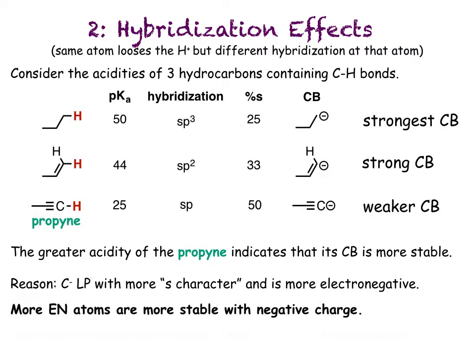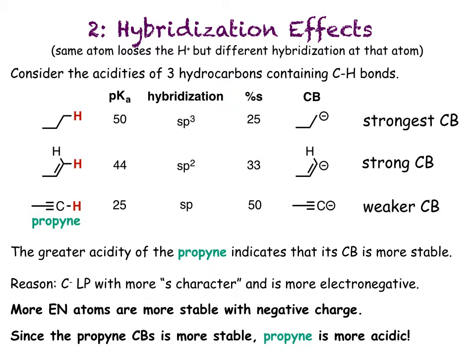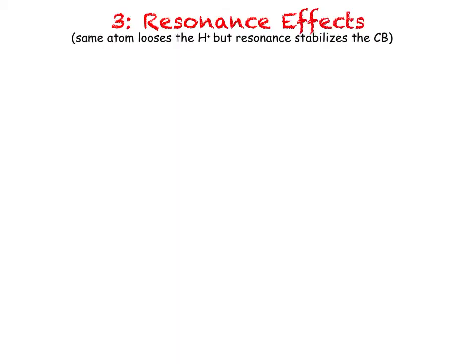The final thing that we need to say about this is, every time you see a question like this, if you're losing protons from carbons, you have to look at the hybridization. If you're losing protons from nitrogen, you should look at the hybridization as well. It isn't just this example you should look at. You should analyze everything according to this.